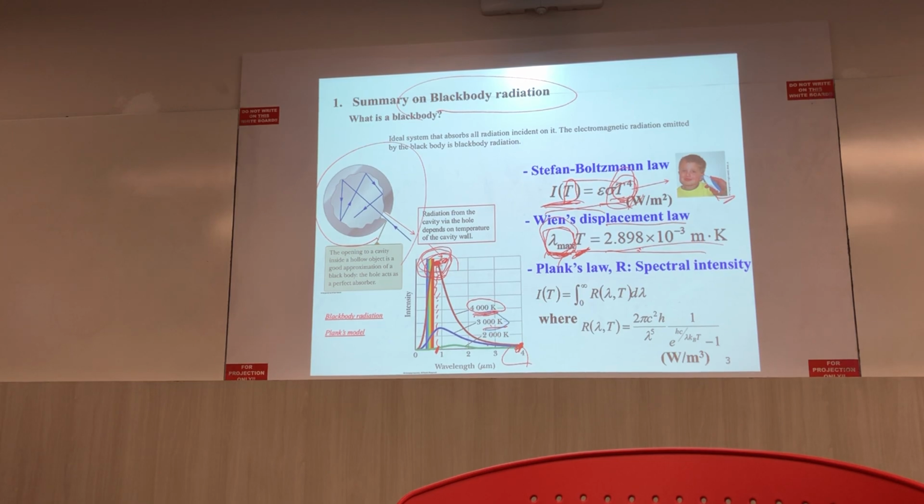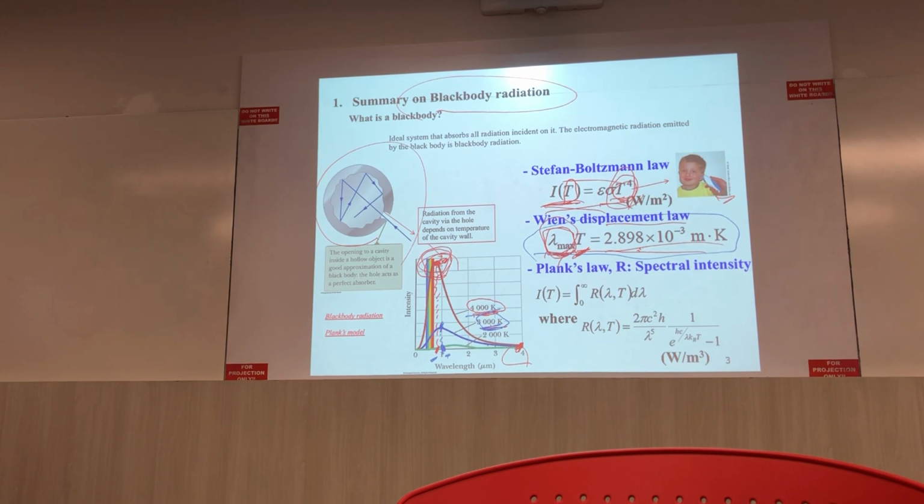For 3000 Kelvin, our maximum wavelength is somewhere here. So for higher temperature, the maximum wavelength is shorter, and for lower temperature, the maximum wavelength is longer. That's how this Wien's displacement law can be satisfied.